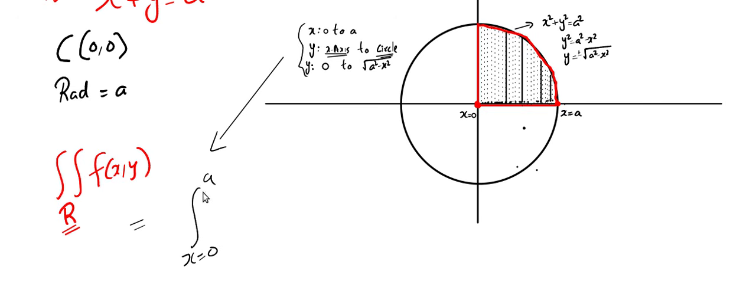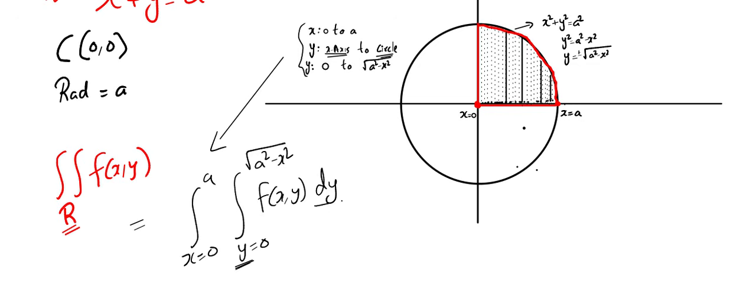Remember, the constant limit will be written outside and the variable part inside. And the differential of the inner one will be written first, so we evaluate that one first and then the next one. I'll give you one more example and make it very clear. Okay, so we start with a line.